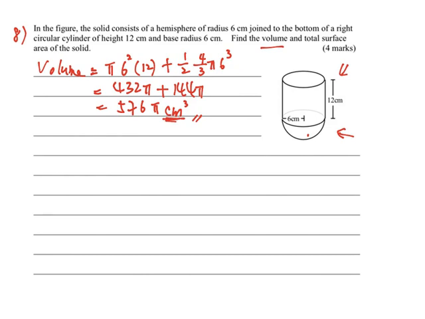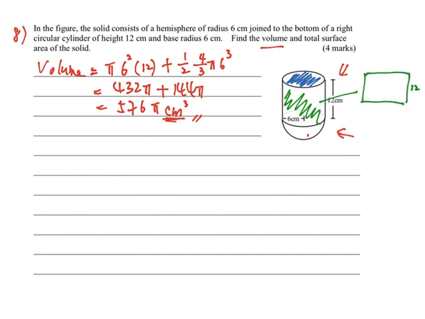Next, for the area, for the surface area. For the surface area, actually we have three surfaces. This circle, second one is this surface. Actually, for this surface, we can cut the cylinder into a rectangle like this.